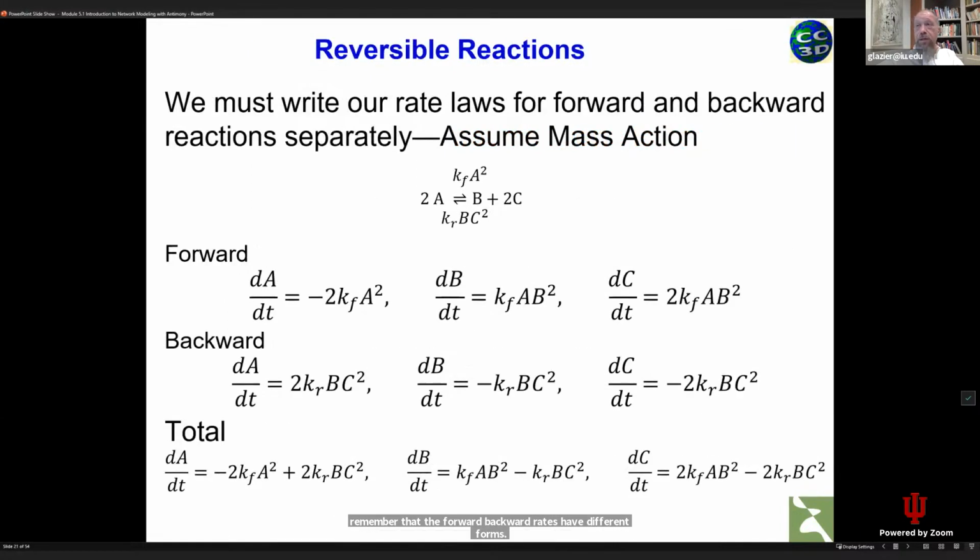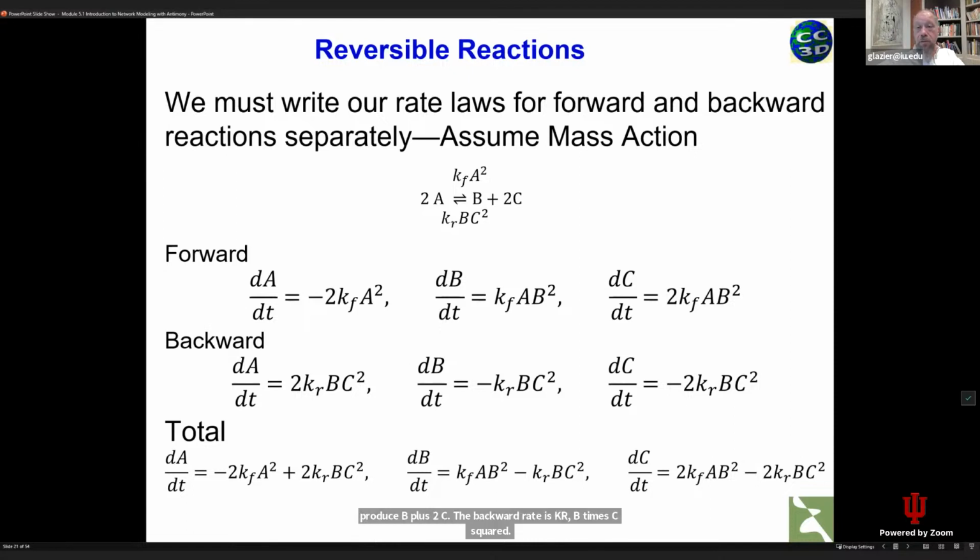And so this is writing that out with mass action. The forward rate is given by Kf A squared. In this case, I have just said 2 molecules of A produce B plus 2C. The backward rate is Kr B times C squared.